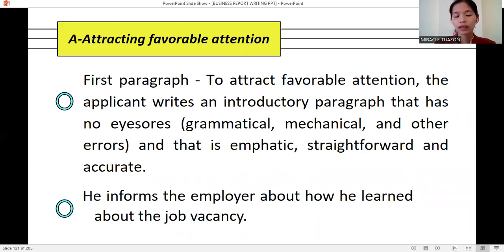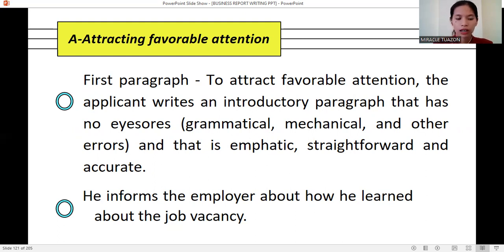Next, it must be emphatic, straightforward, and accurate. So in writing your application letter, ang first paragraph po ay dapat direct to the point. Hindi ka na magpapaligoy-ligoy. You just state your intention. So I am writing to you because I am interested in the vacant position in your company.